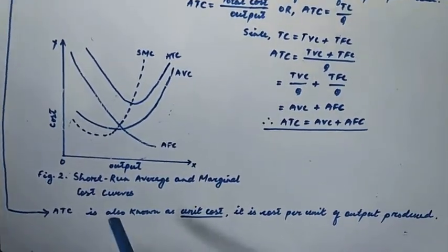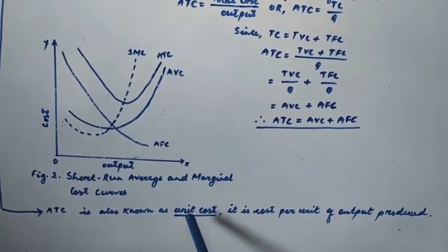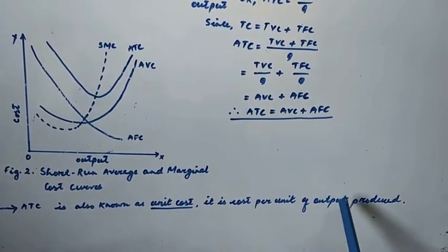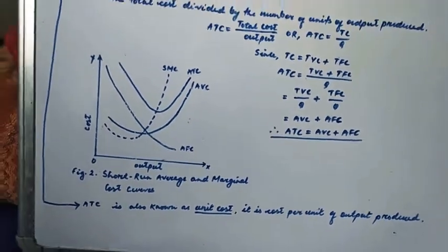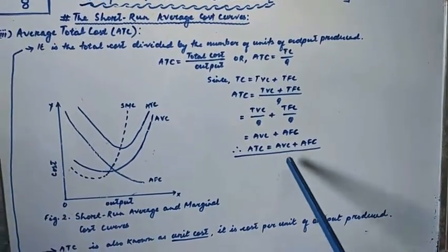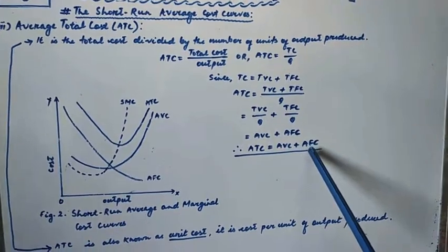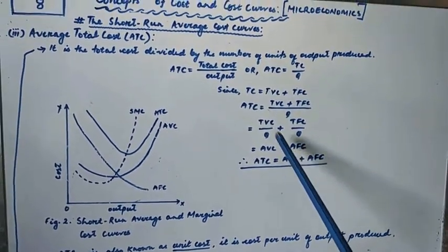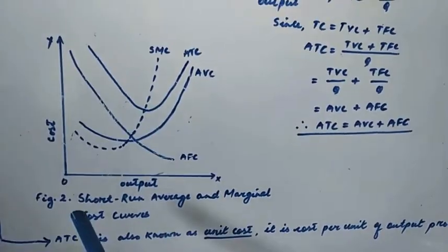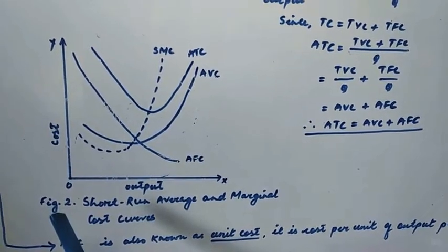So ATC is also known as the unit cost because it is the cost per unit of output that is produced. That is average total cost. So we are adding both average variable cost and average fixed cost, and what we get is the average total cost.